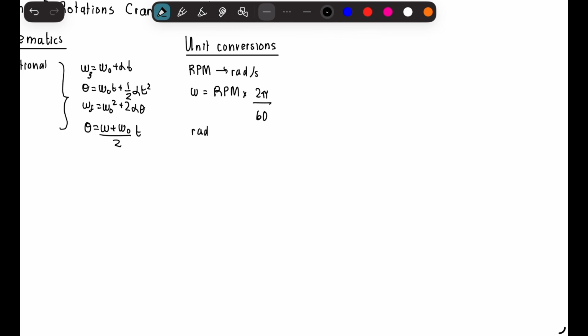If you have radians per second and want to go to RPM, you have your angular velocity omega in rads per second, and you're going to multiply that by 60 over 2 pi.